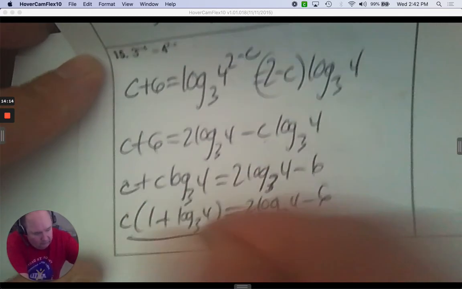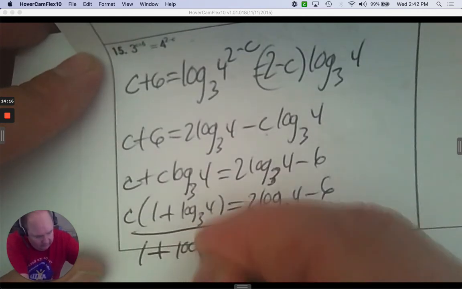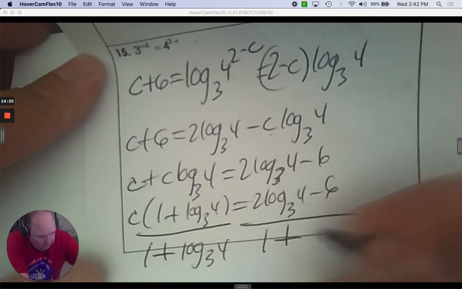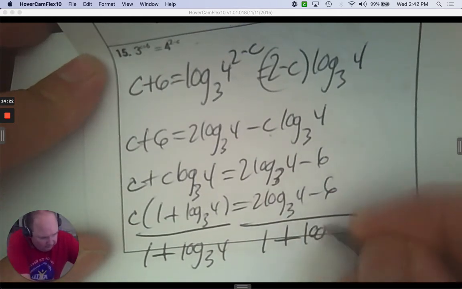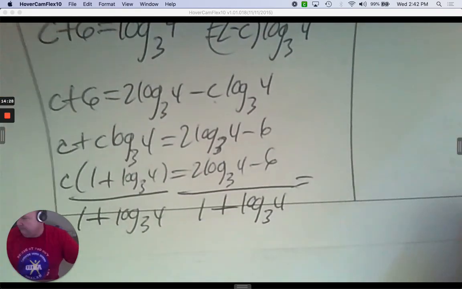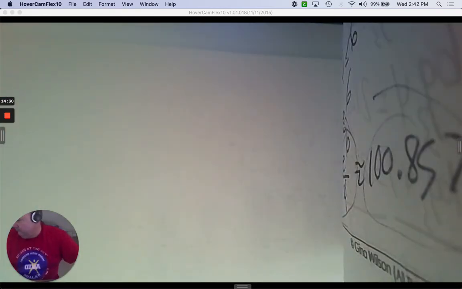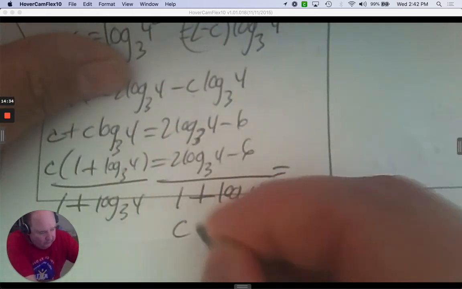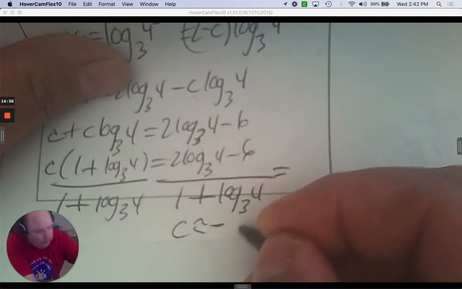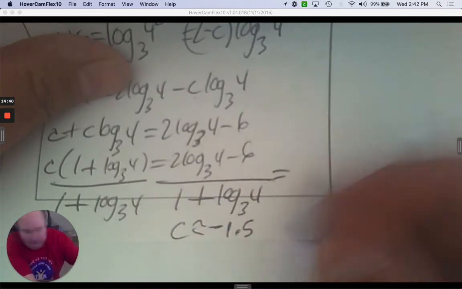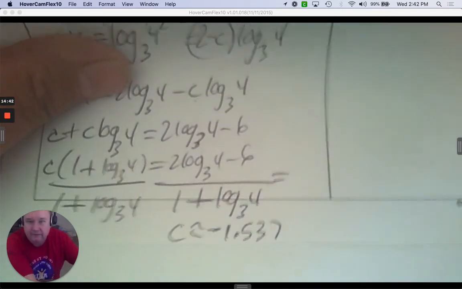So make sure when you put this in your calculator that you press the divide button first. Then fill in the numerator and then fill in the denominator. So there it is. That's what you'd put in. And the answer for c would be a negative 1.537.